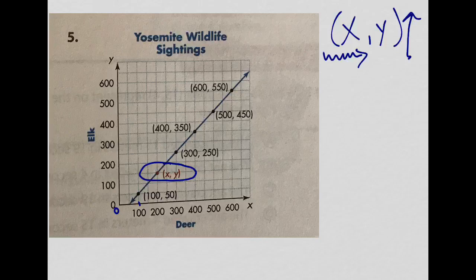Okay, so 0's here. So what's in between 0 and 100? Oh, 50. So it's 50, 100, 150, 200, 250, 300, 350, and so on. So that's my x-axis. It's actually counting by 50s.